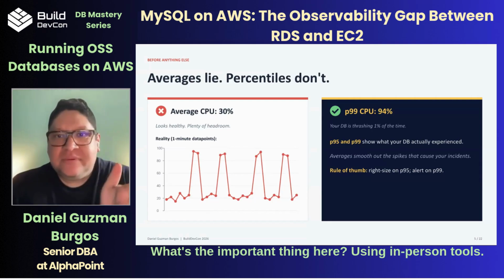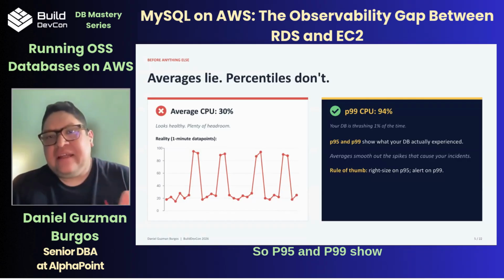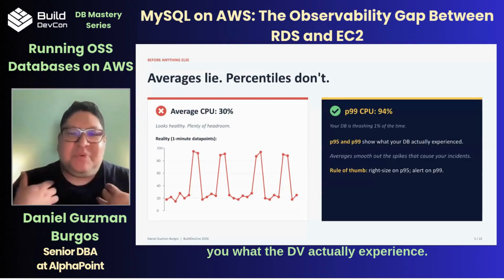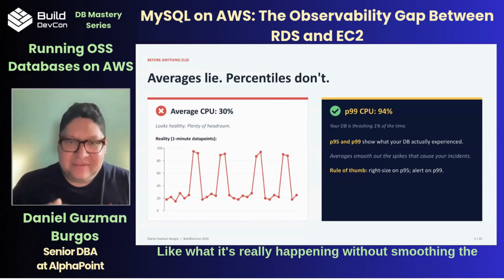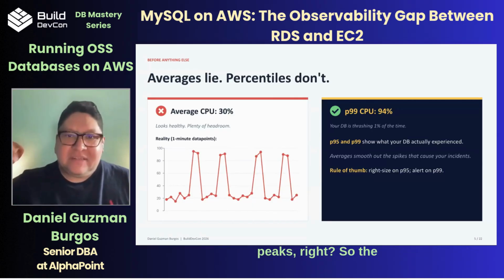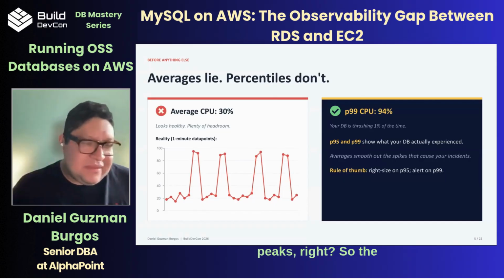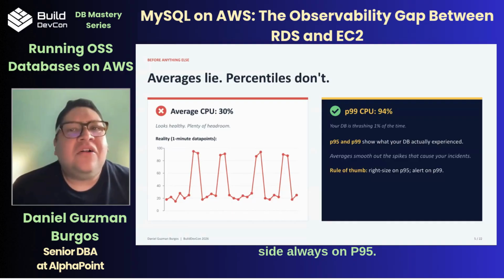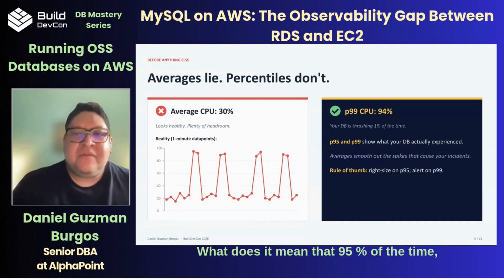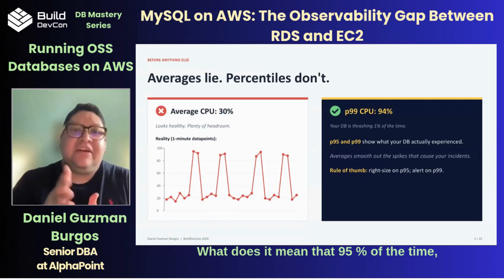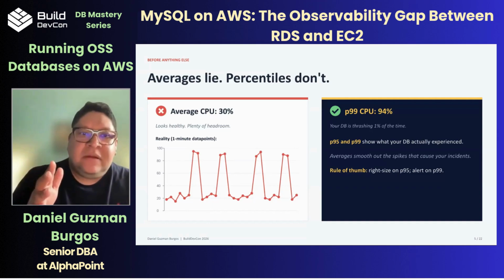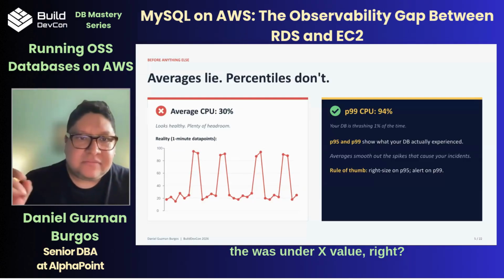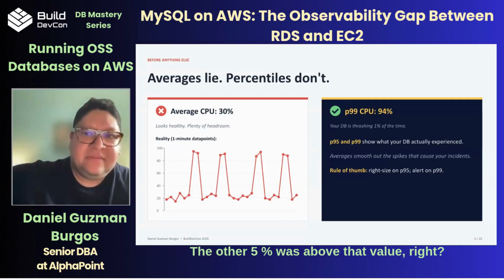What's the important thing here? Using percentiles. P95 and P99 show you what the DB actually experienced, what is really happening, without smoothing the peaks. The rule that I go by is to right-size always on P95. What does it mean? That 95% of the time the CPU was under X value, and the other 5% was above that value.